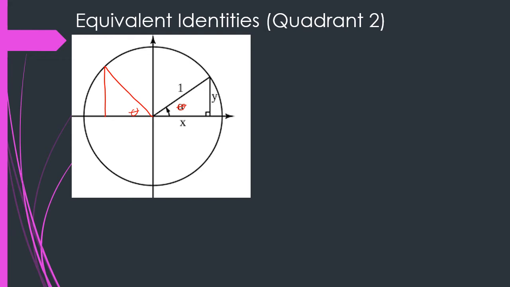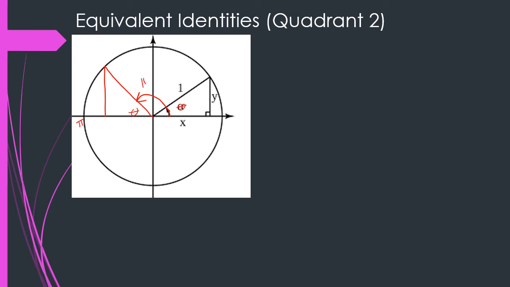And if I go to quadrant 2, that means I'm starting here and going all the way around. How do I get that angle? Remember, this right here is not theta, it's pi, which is 180 degrees, right? So if I wanted to get that angle in standard position, from 0 to the terminal arm, I would take pi and subtract theta.